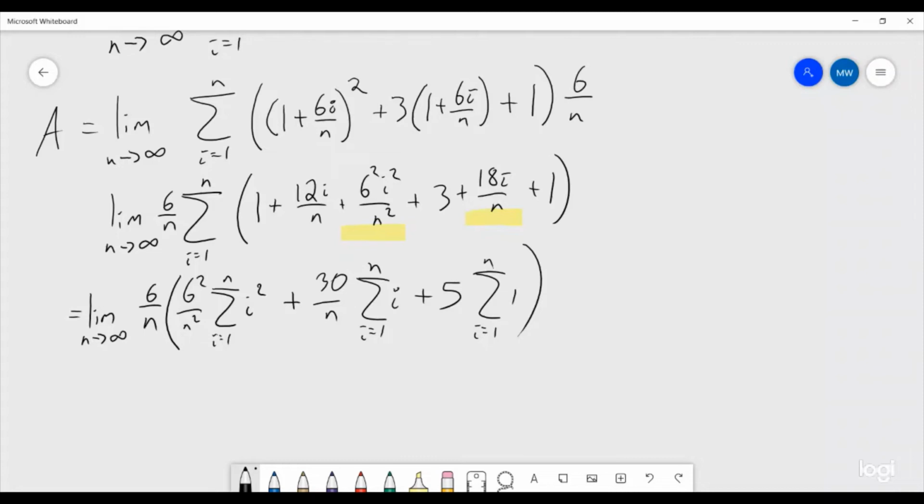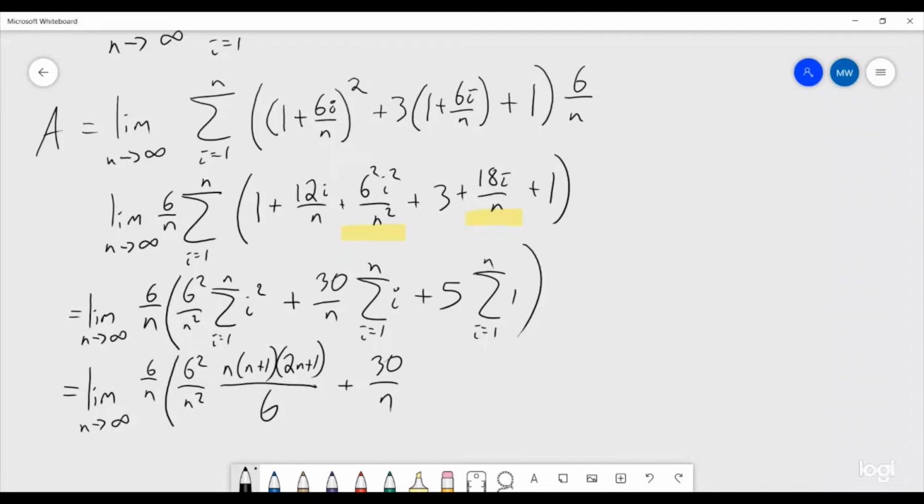Well, we know what each of these sums are, so we can say that this is equal to the limit as n goes to infinity of, we got 6 over n times 6 squared over n squared times n plus 1, 2n plus 1 divided by 6, plus 30 over n, i equals 1 to n of i, that goes to n plus 1 over 2, plus 5n.